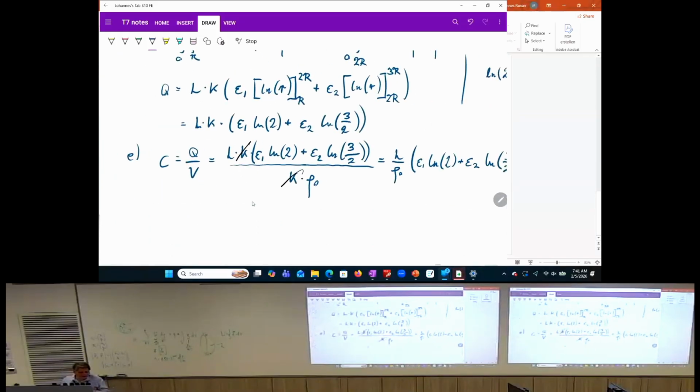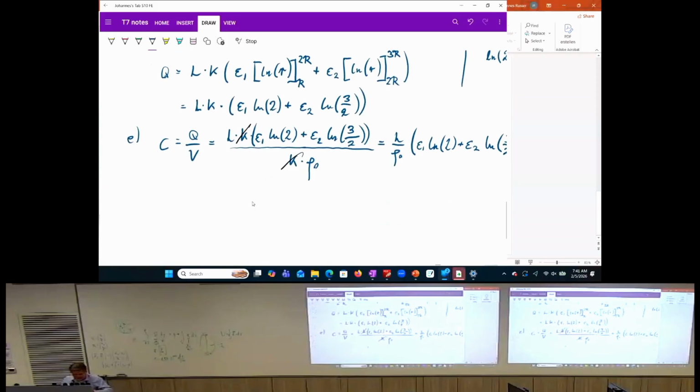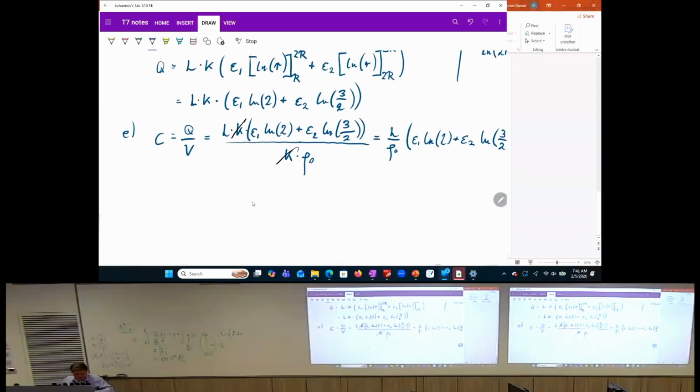And finally, we want to calculate the energy which is stored on the capacitor. The energy, as we have seen in the lecture, for the capacitor is 1/2 C times voltage squared.